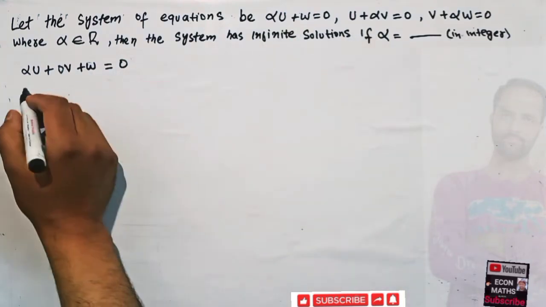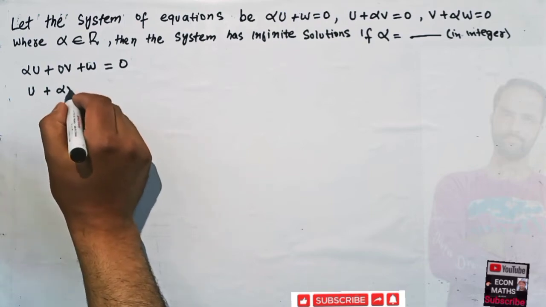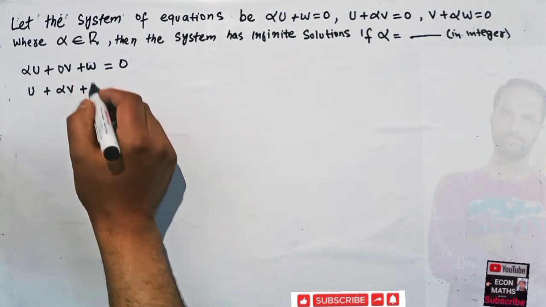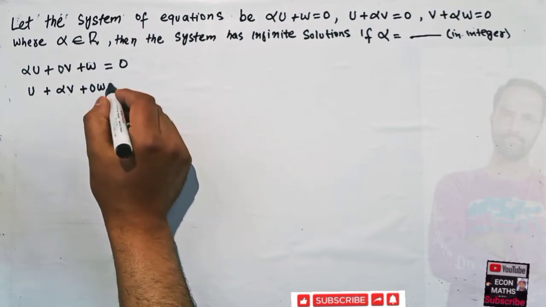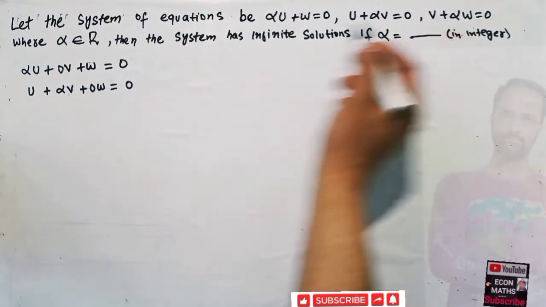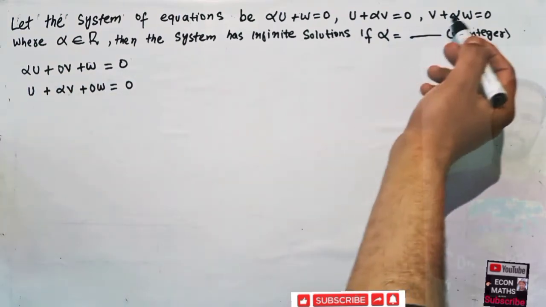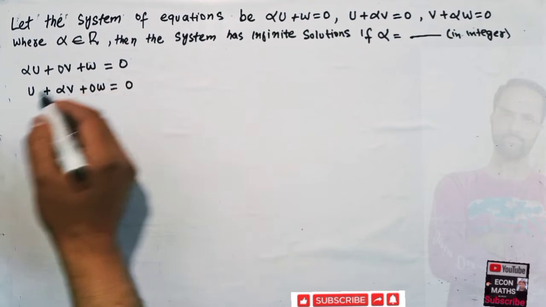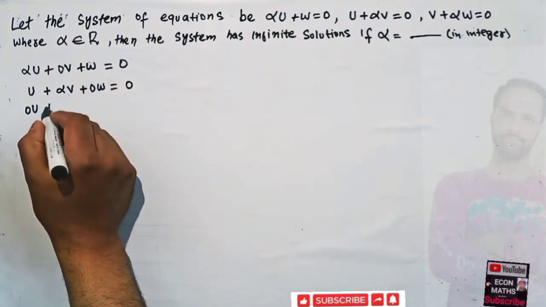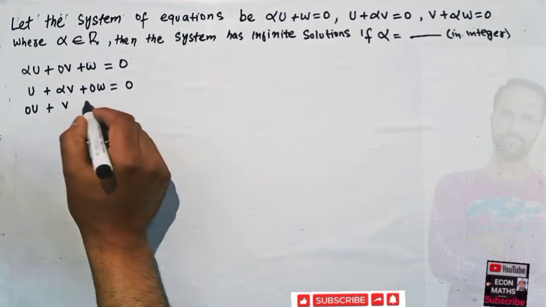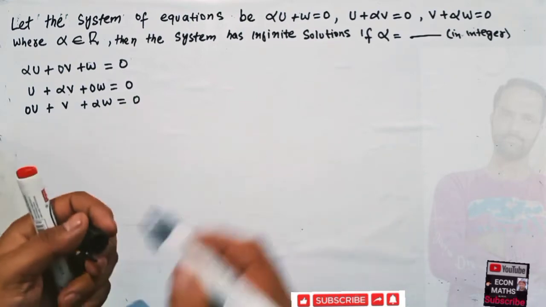Similarly, we have u here, u plus alpha v plus, in place of w, I can write 0 times w is equal to 0. Similarly, we have the last equation, since we have no u in this equation, in place of this I can write 0 times u plus v plus alpha w is equal to 0.